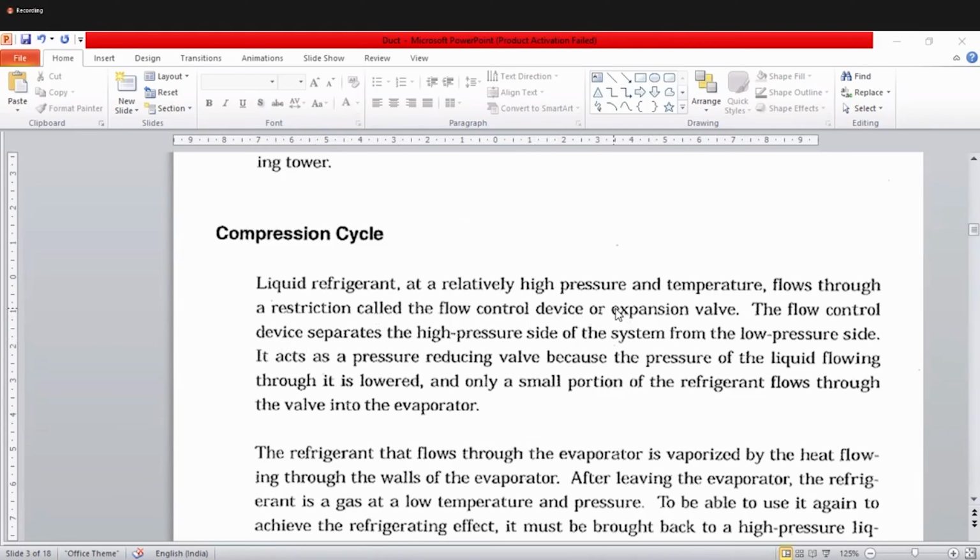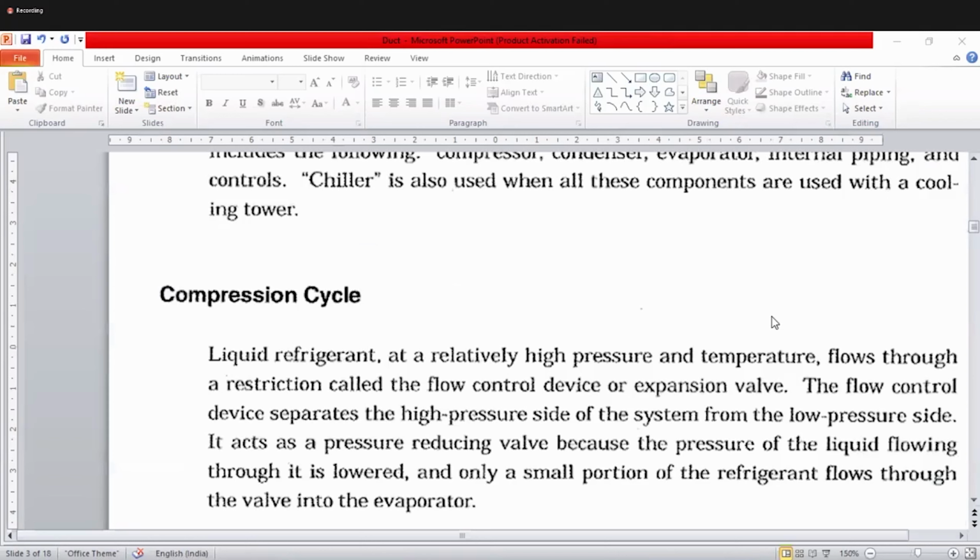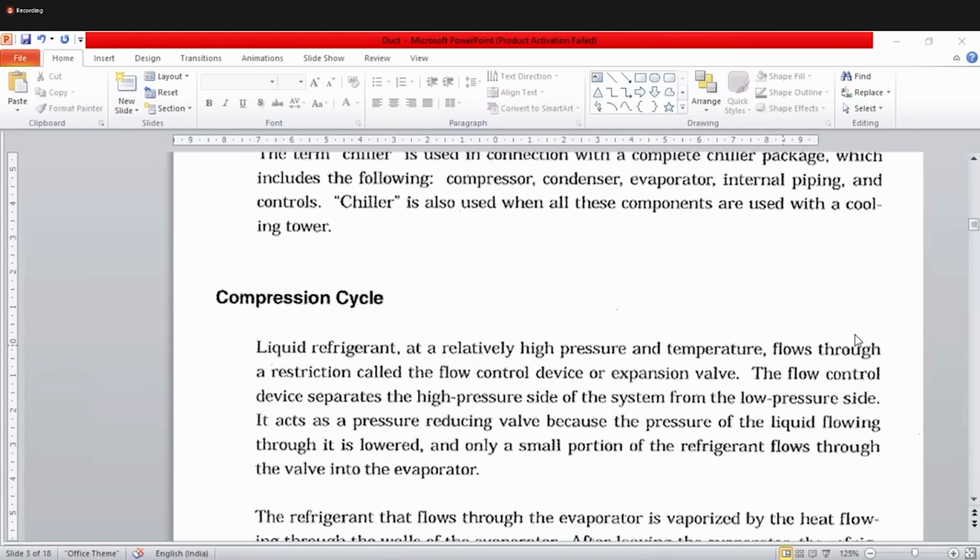As we discussed earlier, the high temperature and high pressure liquid which is compressed in the compressor flows through the capillary tube in small split type units, but in big units like chillers we call it a flow control device or expansion valve. The flow control device separates the high pressure side of the system from the low pressure side.